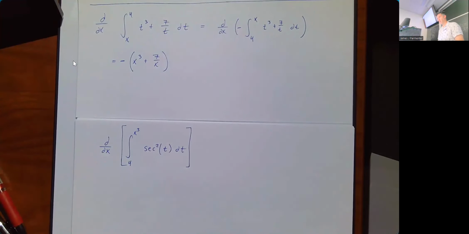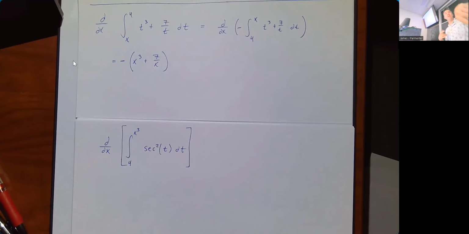So let me ask everybody to think internally for a second. What's a function that if we take the derivative of it, we get secant squared? It's a trig function for sure. I want the function whose derivative is equal to secant squared. Tangent it is.